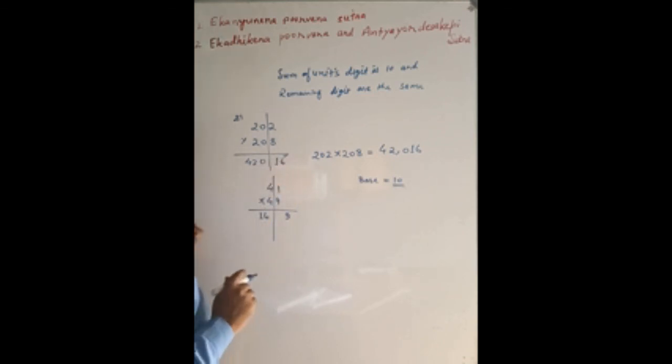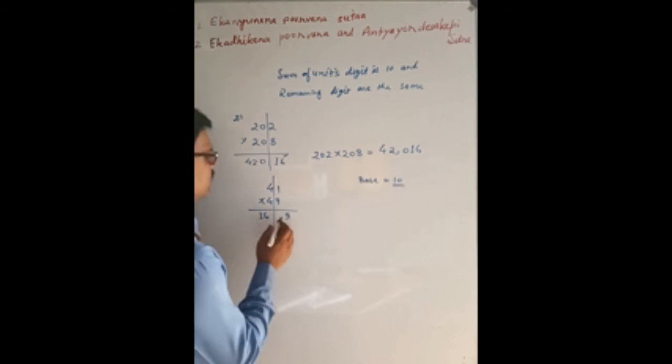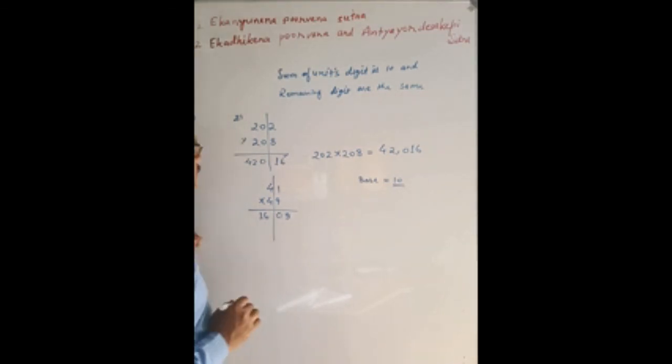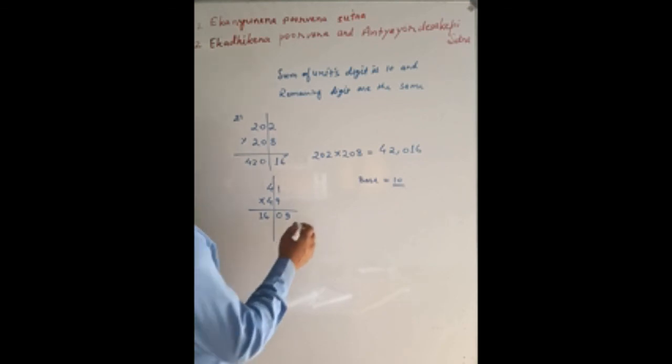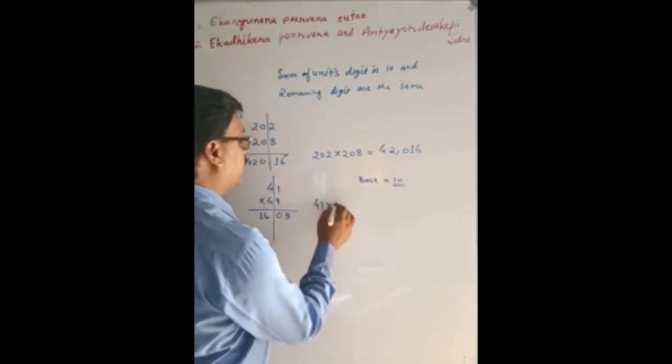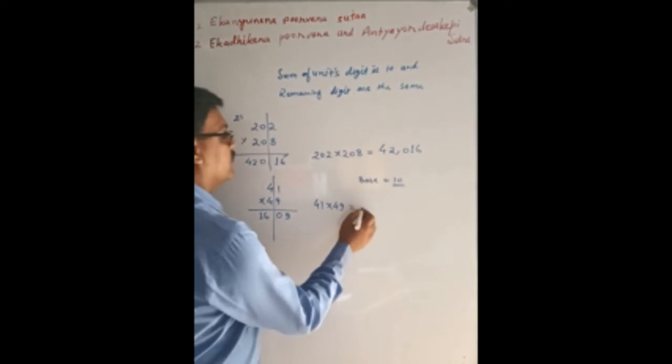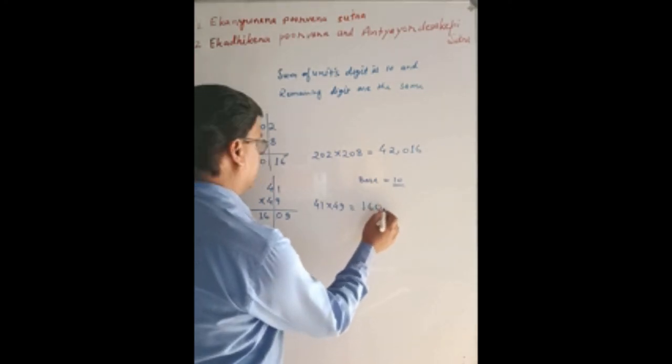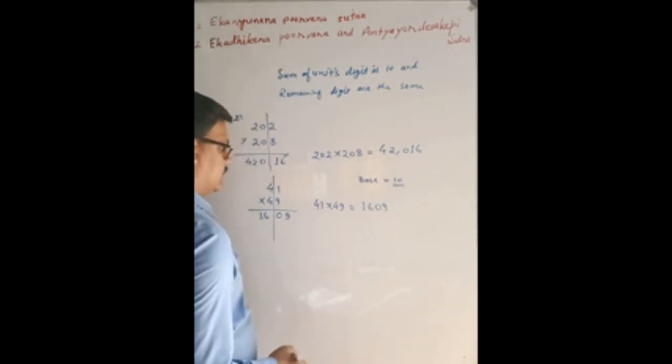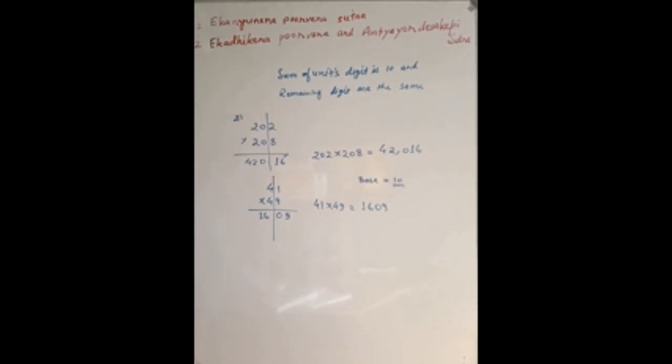For example, 16 has two digits. So in this place also we take 2 digits, so we put 0 on the left side of 9. 41 multiplied by 49 is equal to 2009.